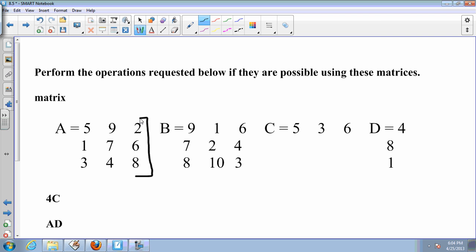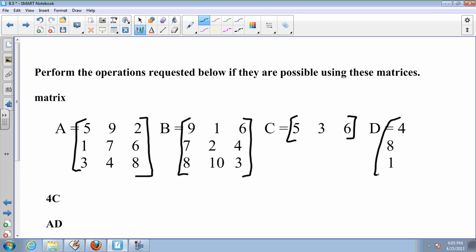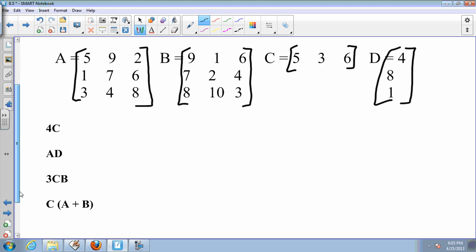So we have the following matrices. And a few operations to perform.